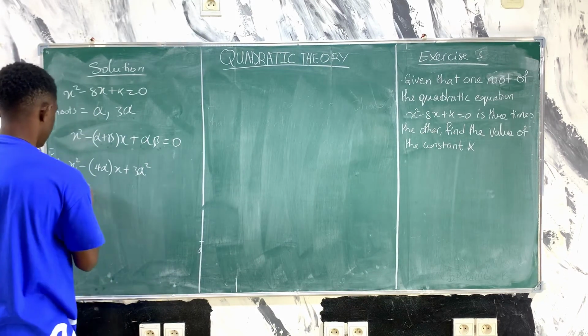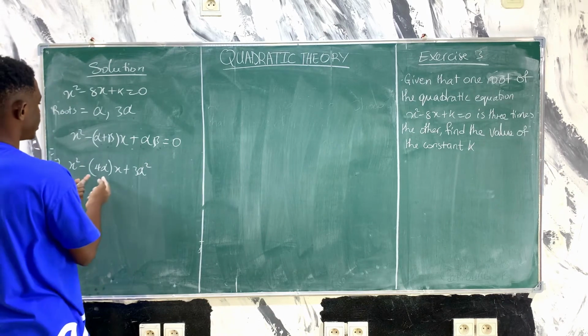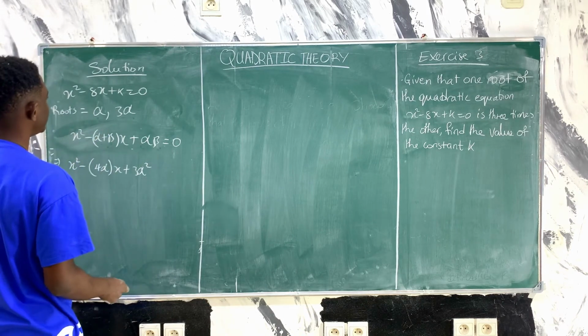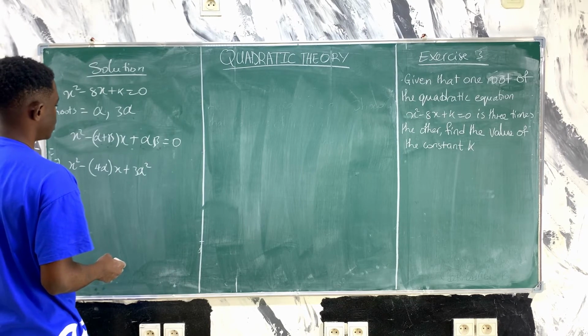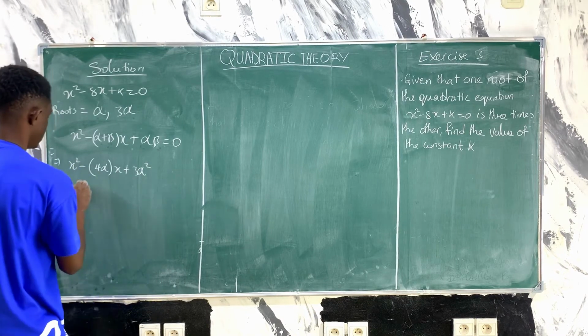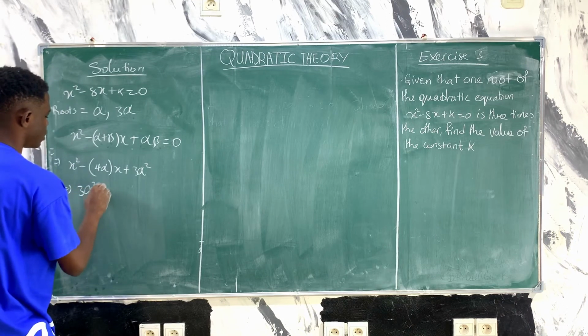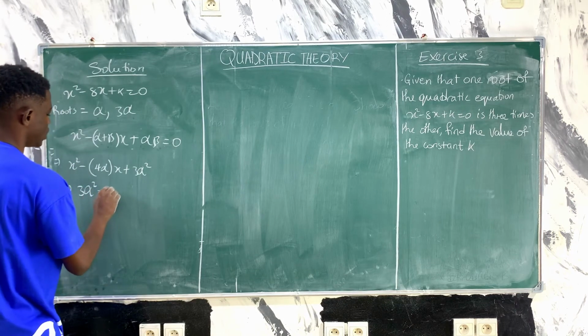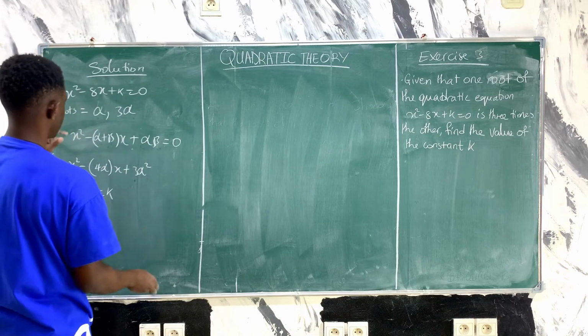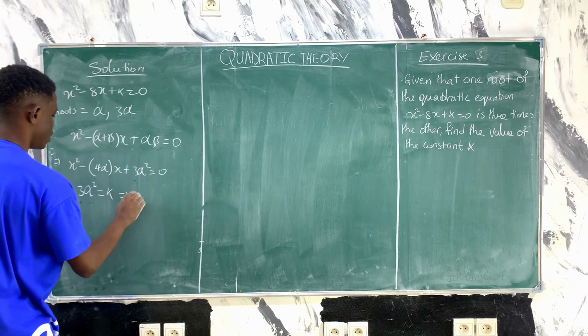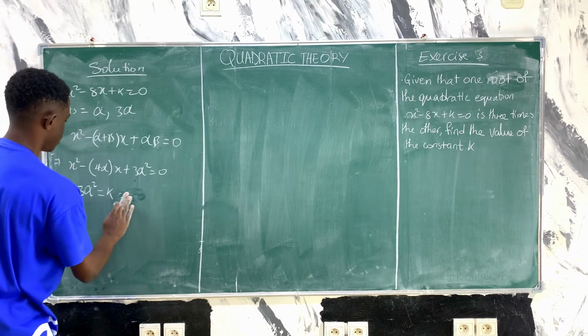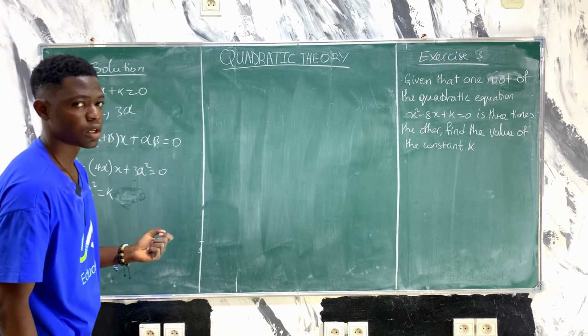So from what we are seeing here, if we equate, we can see that 3 alpha squared is equal to k.